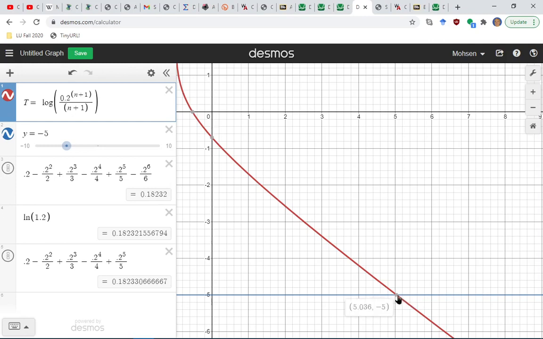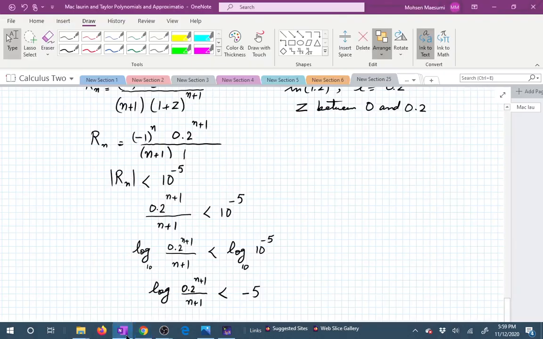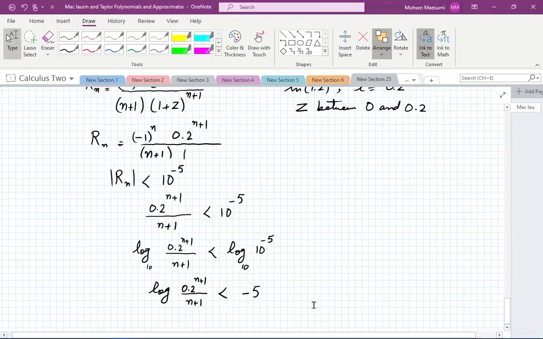We go to the next whole number. So here I'm at 5.036. n has to be a whole number, so we go to n equal to 6, and that is the answer to the problem. So we find out that n has to be 6 for the condition to be satisfied.